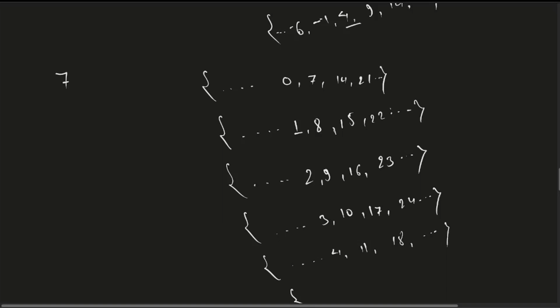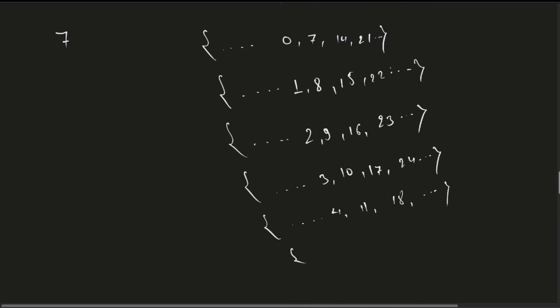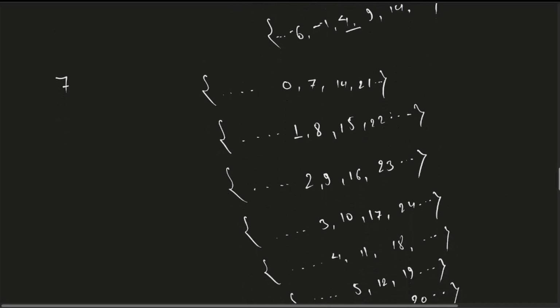So we've got 1, 2, 3, 4, 5. A couple more to go. 5, 12, 19. Then 6, 13, 20, and so on. This is my equivalent set of 7.